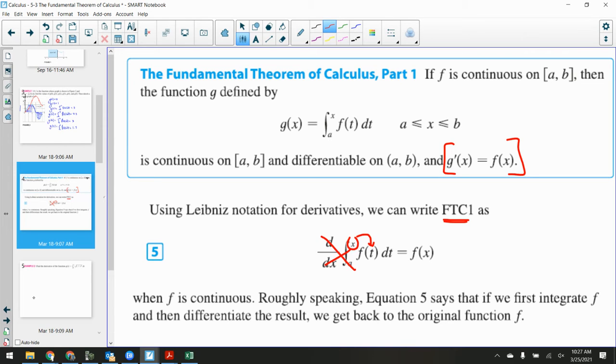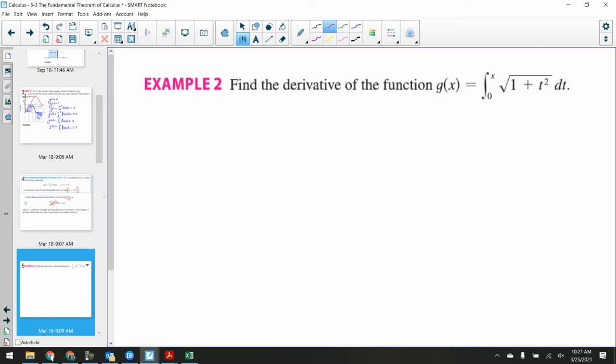So let's take a look here. Find the derivative of the function g of x is equal to the integral from 0 to x of square root of 1 plus t squared. So we just got done saying that g prime is equal to f of x, right?